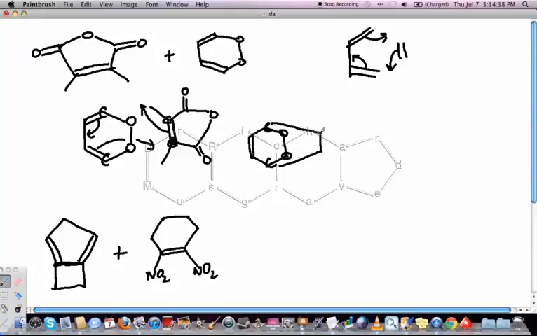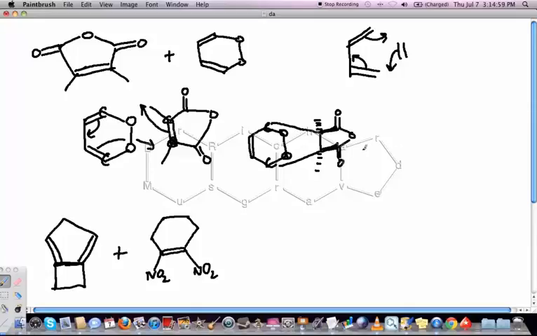And given the dienophile, we should always show the stereochemistry about where the dienophile was. That's in accordance with what we've been talking about with preservation of stereochemistry.